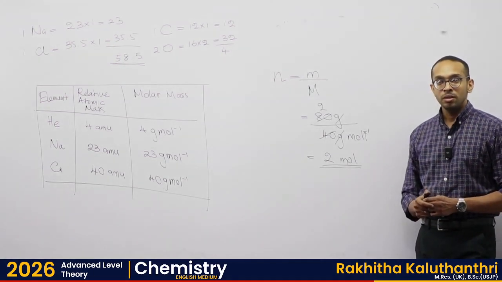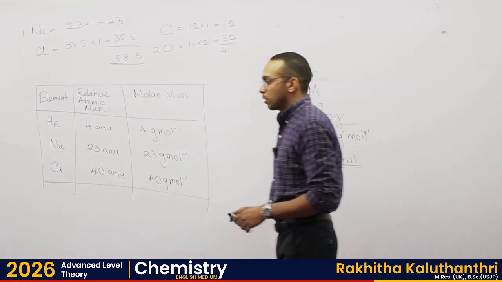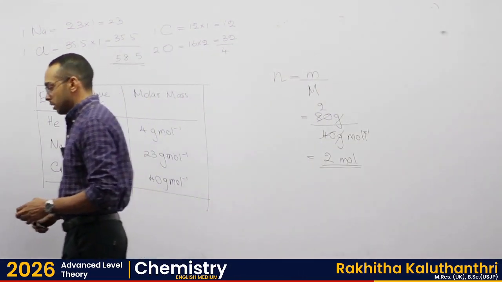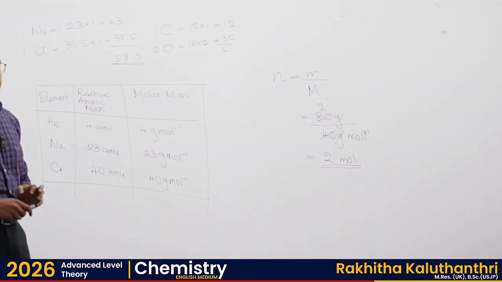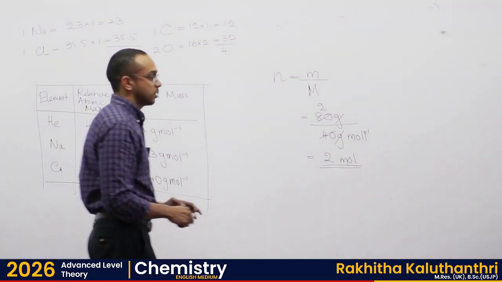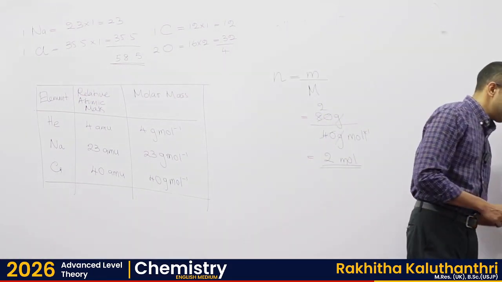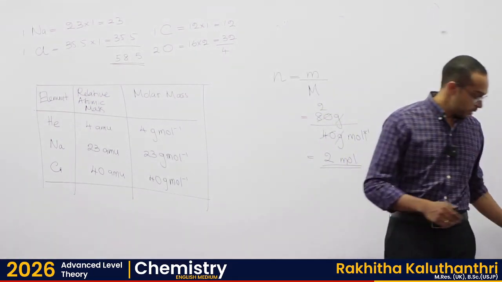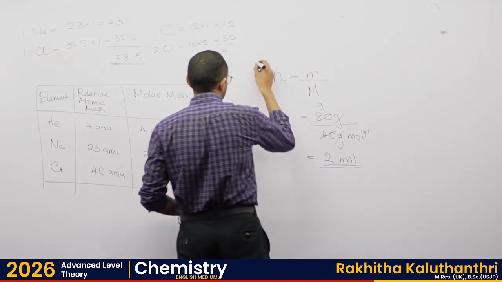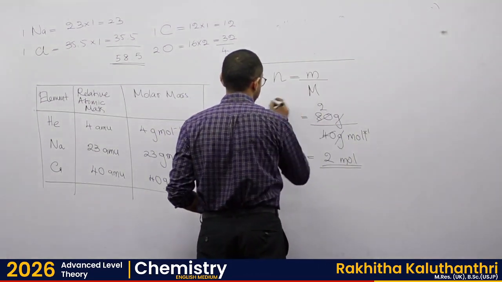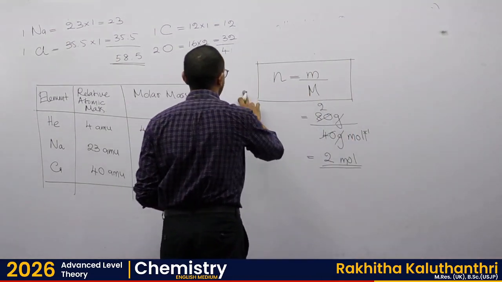Is that understood? Take a new heading. Calculating the number of moles in a given mass of substance. Please write this equation down, highlight it.